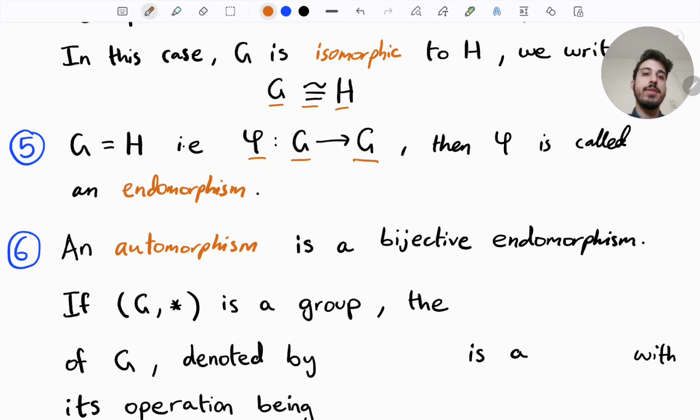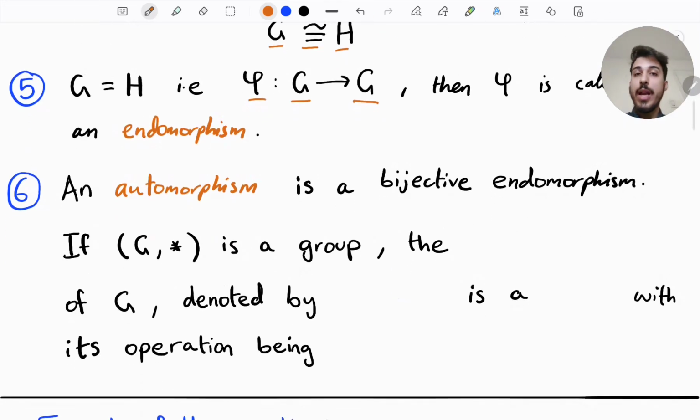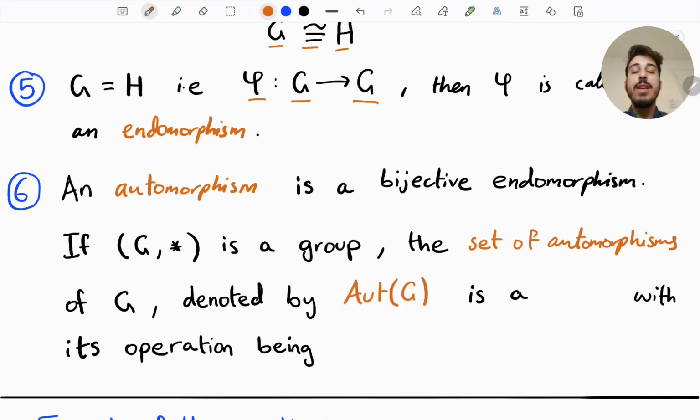Special kind of endomorphism. If G star is a group, any group, the set of automorphisms of G, denoted by Aut of the group G, is a group with its operation being composition. Composition of what?